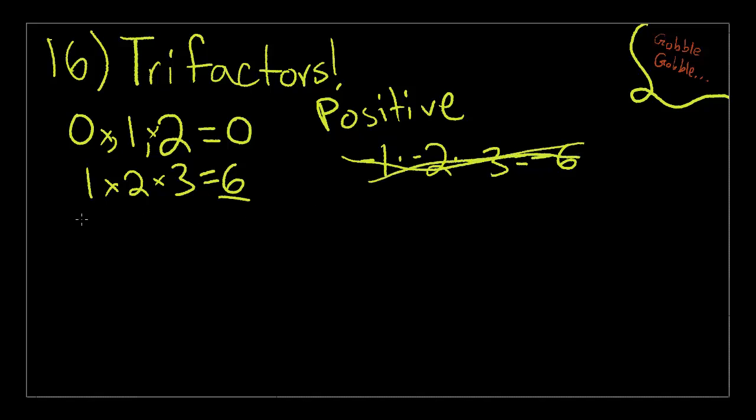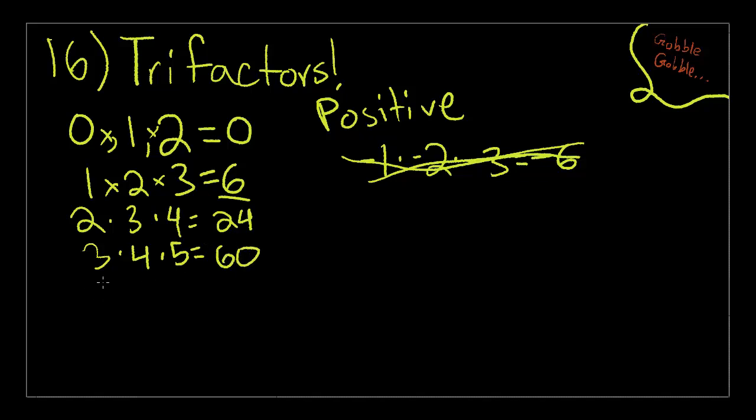So let's keep going with this list really quickly. 2 times 3 times 4, which is 24. 3 times 4 times 5, which is 60. Then 4 times 5 times 6, which equals 120.